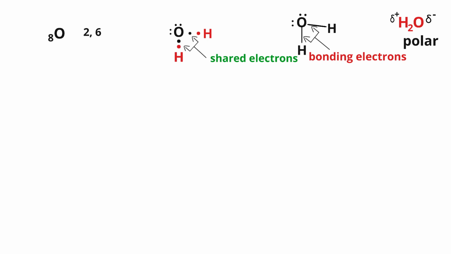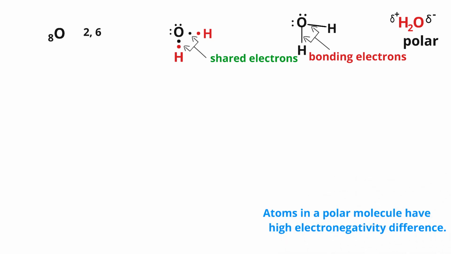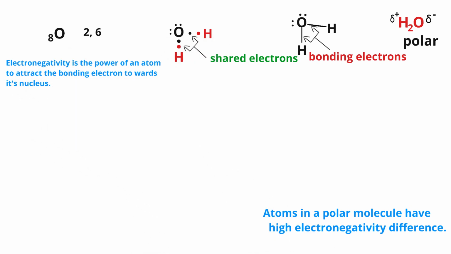That's why oxygen becomes partially negative, whereas hydrogen becomes partially positive. Atoms in a polar molecule have a high electronegativity difference. Electronegativity is the power of an atom to attract the bonding electrons toward its nucleus.